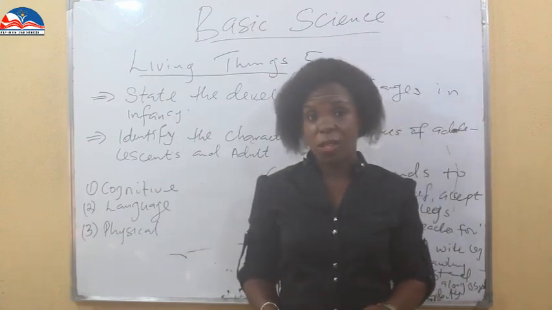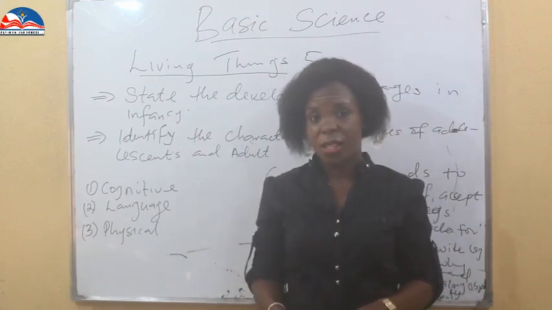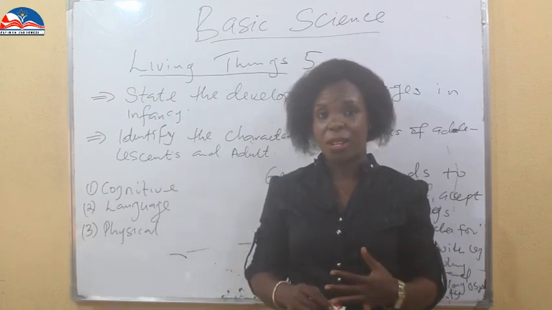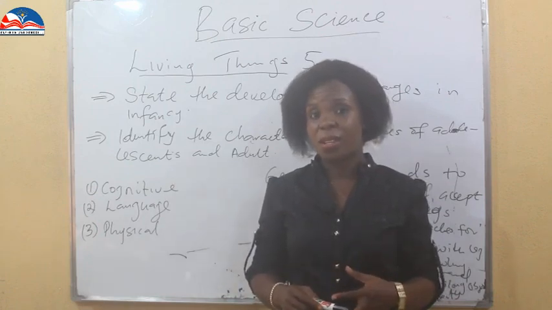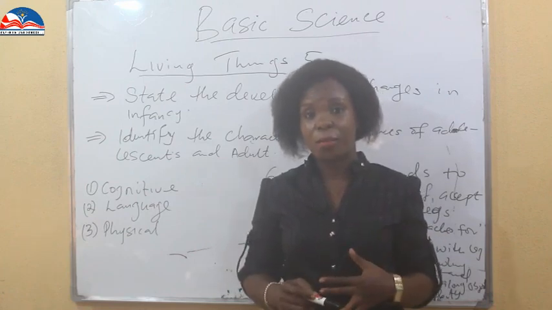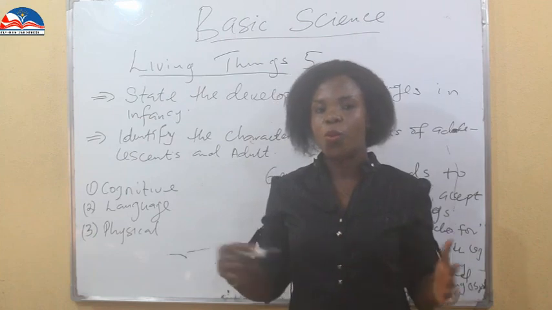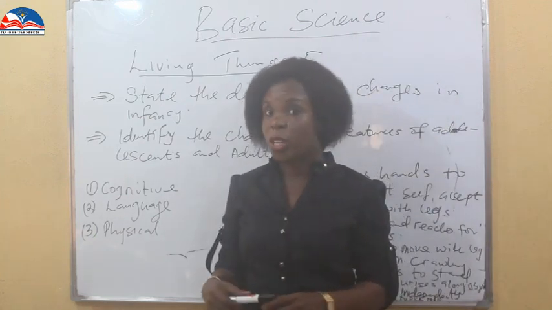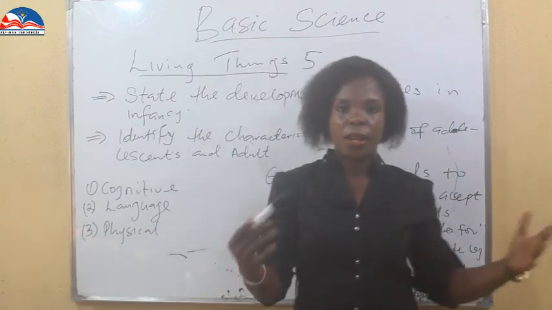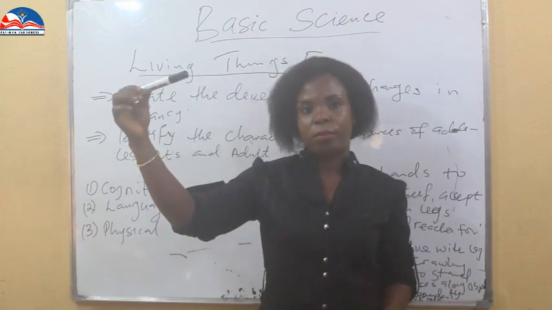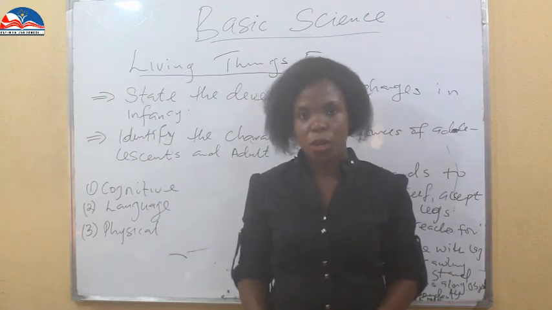Remember we discussed adolescence, the transitional age from childhood to adulthood. We talked about the early adolescent, the middle adolescent, the late adolescent. And we'll talk about the early adults and the adult proper. Please, if you've not watched that class, it is part 3 of living things that I discussed, on that transitional age from childhood to adulthood.